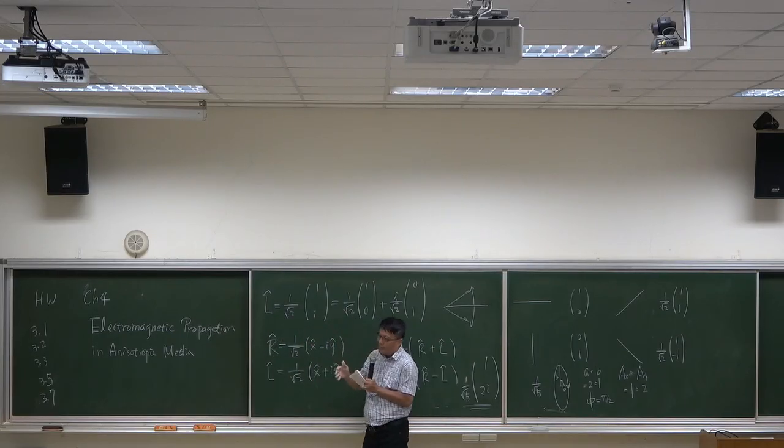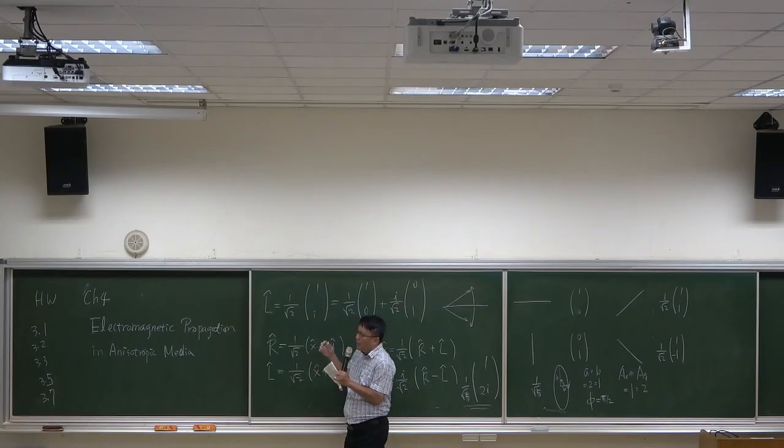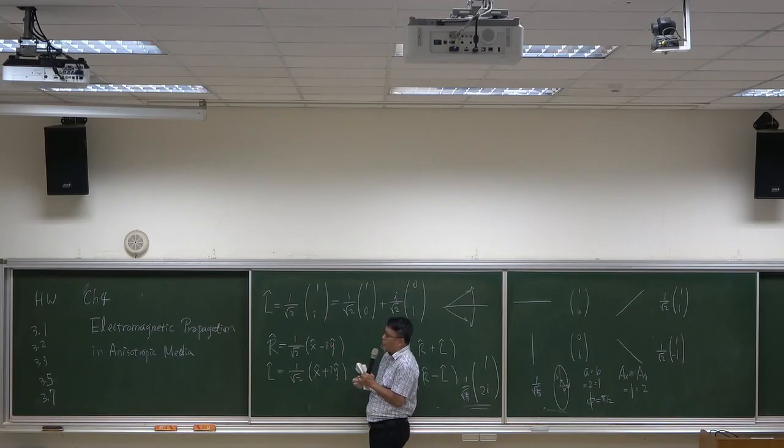There is no difference. So if the medium has this simple property, then we call it isotropic medium. Isotropic means no difference in different direction.